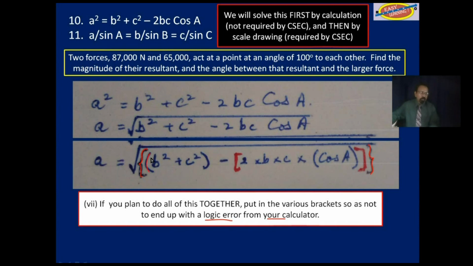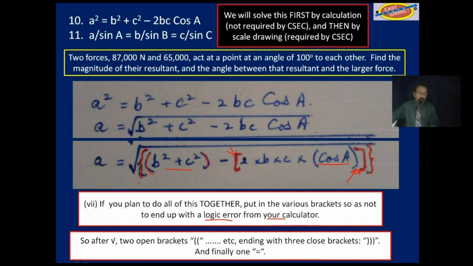Use a parenthesis here to work that piece out, use a square bracket here, and you close that square bracket over here, 2 times b times c times the cosine of A. On some calculators, you don't need to use this bracket. And so you would be able to do all of that in one step. As I said, you need to know what your calculator can do and how it can do it.